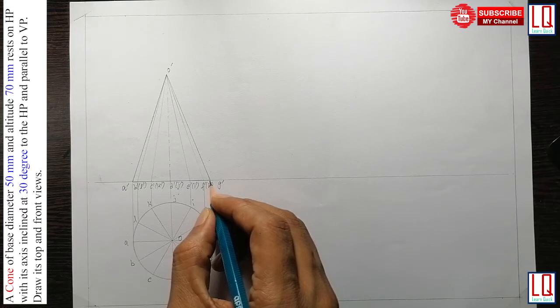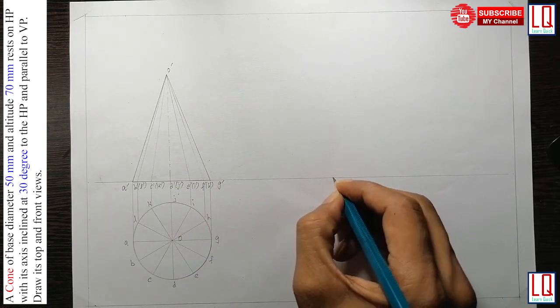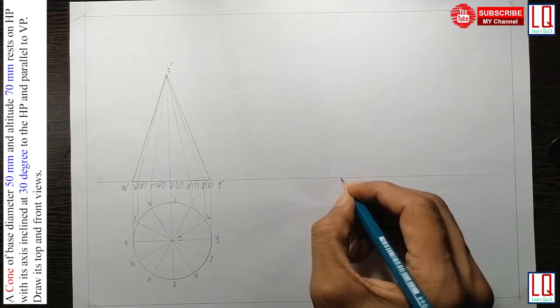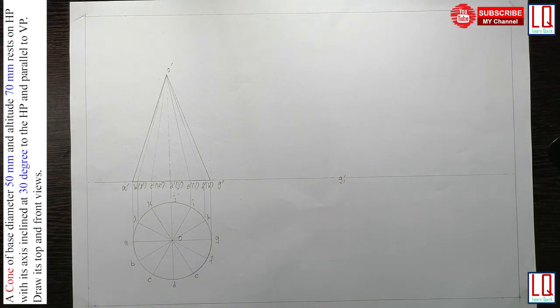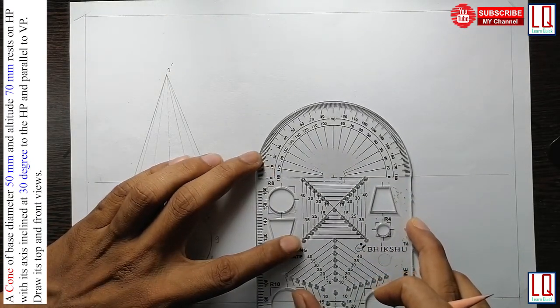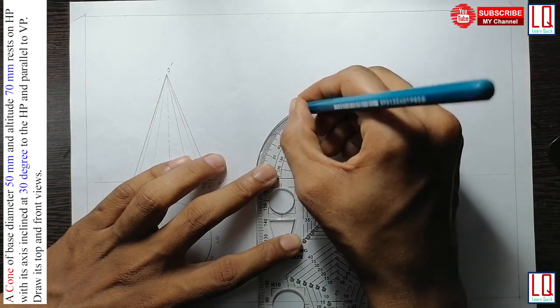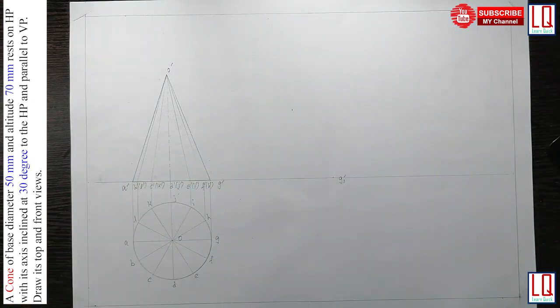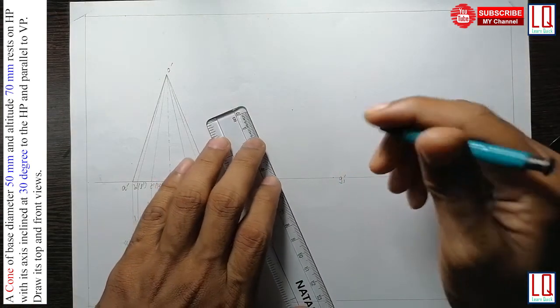First, assume the resting corner G dash at any point here and mark it as G1 dash. With the help of a protractor, mark 60 degrees here, and then draw A dash to G dash.